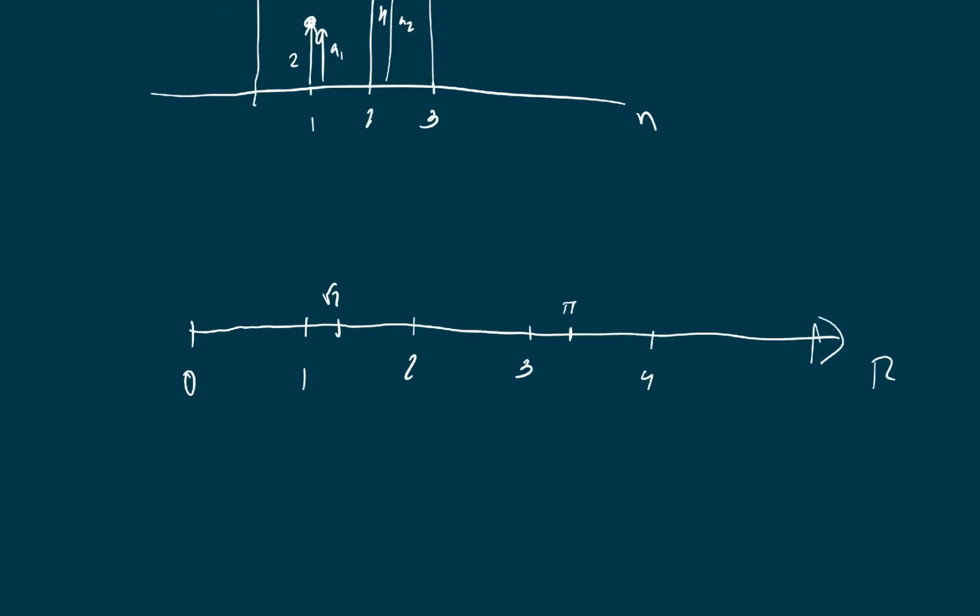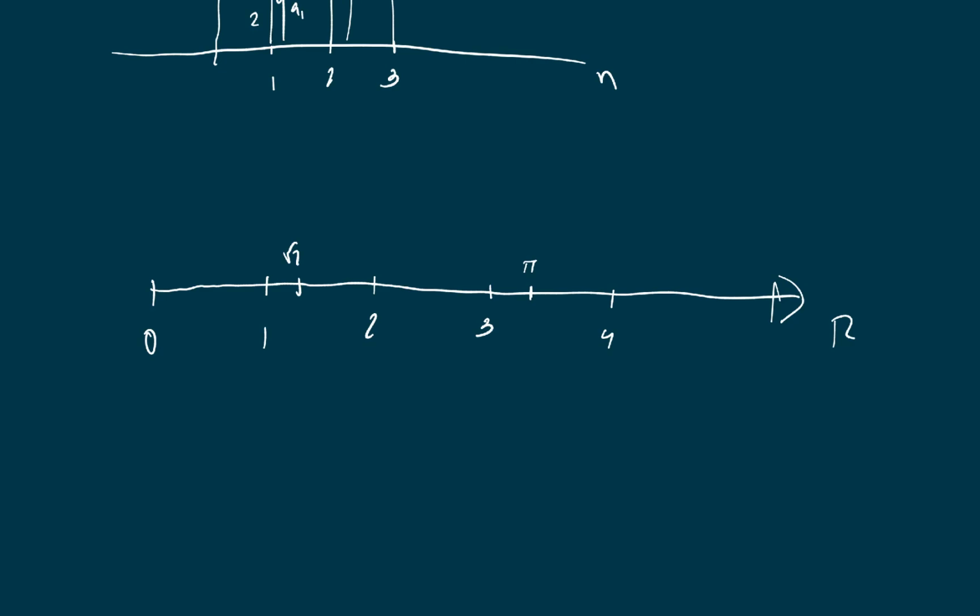So how is the sequence a sub n equal 1 divided by n moving? When n equals 1, a1 equals 1 divided by 1, so it's 1. When n equals 2, a2 is 1 divided by 2, which is 1 half. So the sequence starts here at 1. Now the point moves to 1 half.